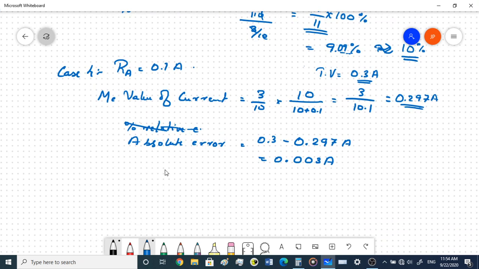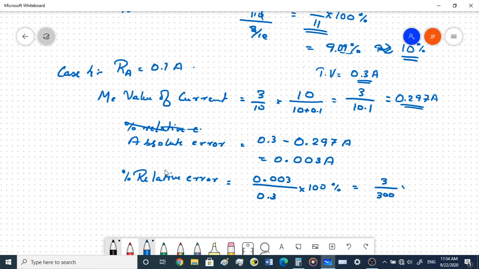And if we find what is the relative error, the percentage relative error in this case is going to be 0.003 divided by 0.3 into 100 percentage, which would come out as 3 divided by, I'm going to put 3 points to the right, so we'll have to put 3 points to the right over here as well. 300 into 100, so we get it as 100 over here. 100 is 1% roughly.